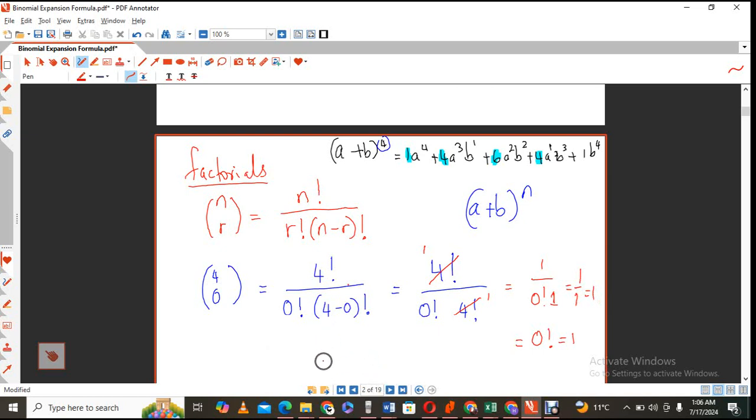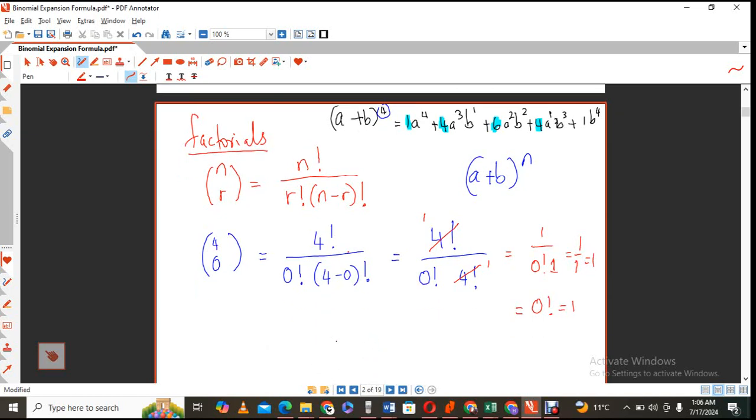This answer is equal to 1, which is the coefficient that we have over there. So if I was to give you 5 choose 0, or sometimes it's written like this, in that notation this answer will always be 1, because from Pascal's triangle we've realized that we have 1 over there.